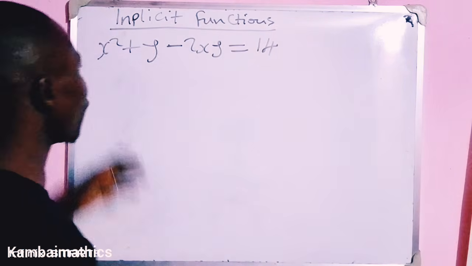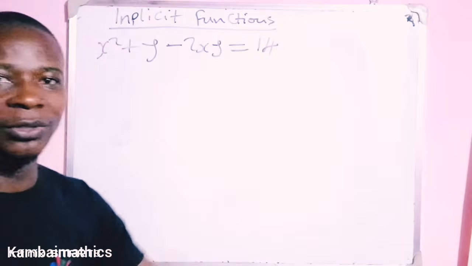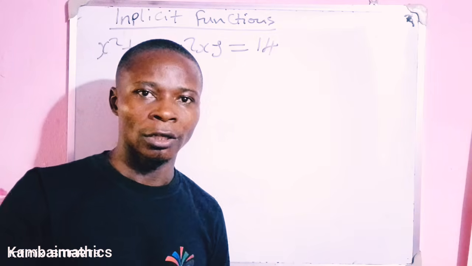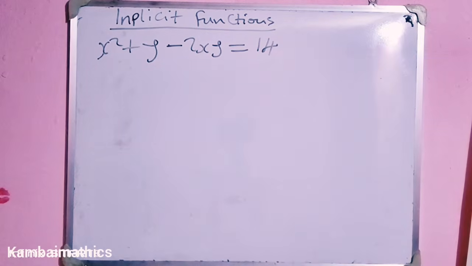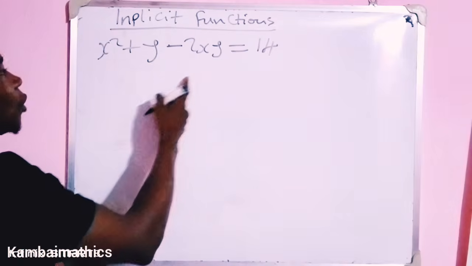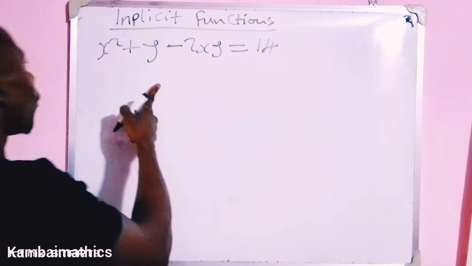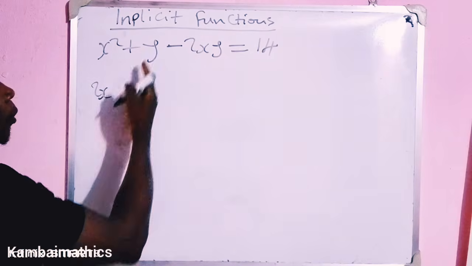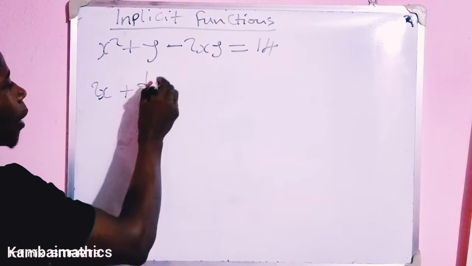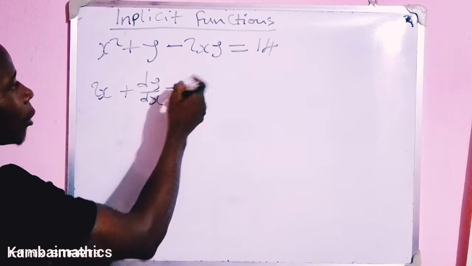When you have a question like this, you can see the y is not alone. But since it is an implicit function, whenever you differentiate y, you replace it with dy over dx. Let's solve this one. Differentiate this, it is 2x. Differentiate y, it will be plus dy all over dx, minus, this is a product rule.